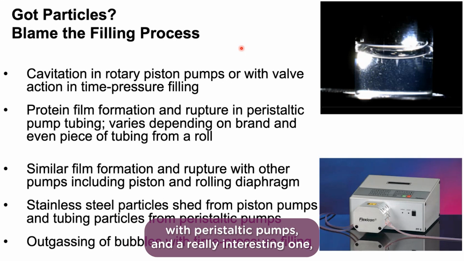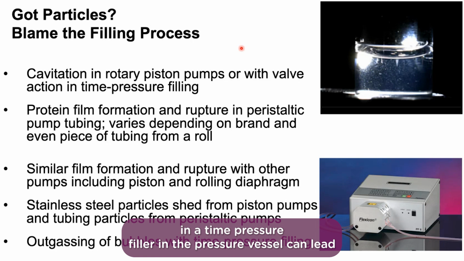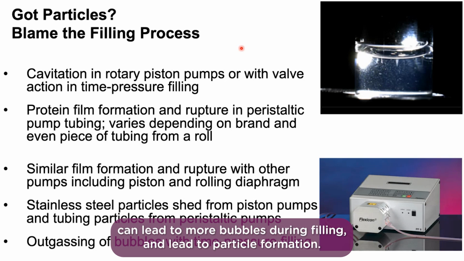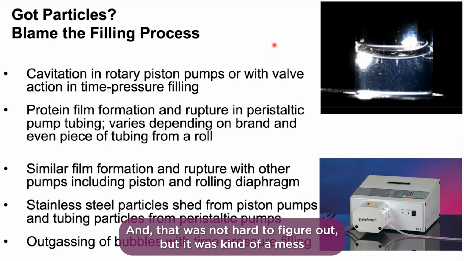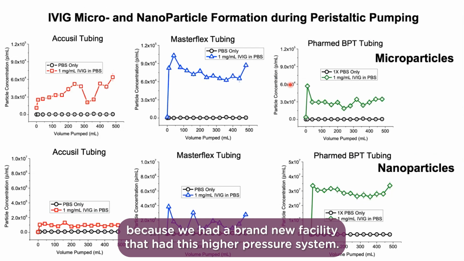And a really interesting one, which is another real-world observation: changing the pressure in a time pressure filler in the pressure vessel can lead to more outgassing, and increasing the pressure can lead to more bubbles during filling and lead to particle formation. And this is a real world one that I worked with some friends on. It was not hard to figure out, but it was kind of a mess because we had a brand new facility that had this higher pressure system.